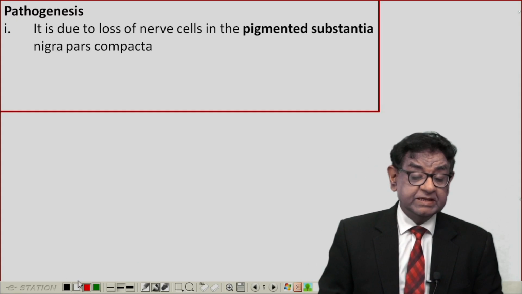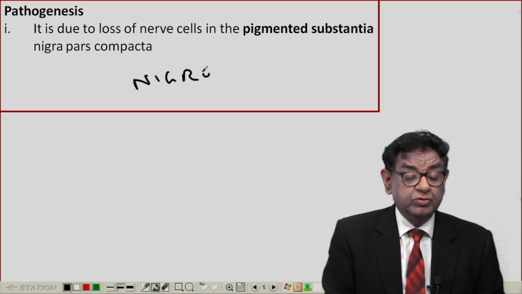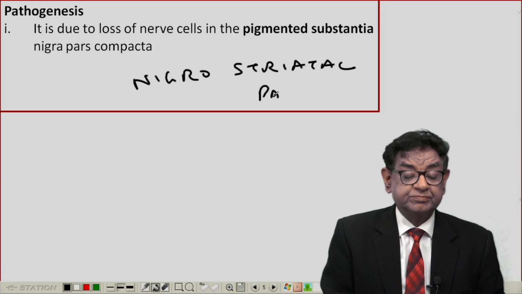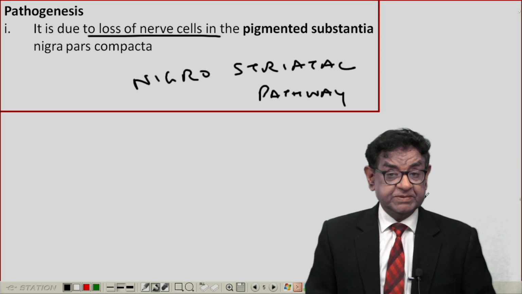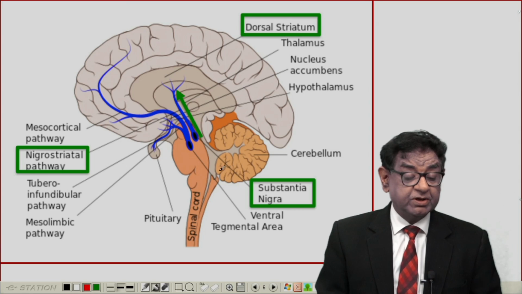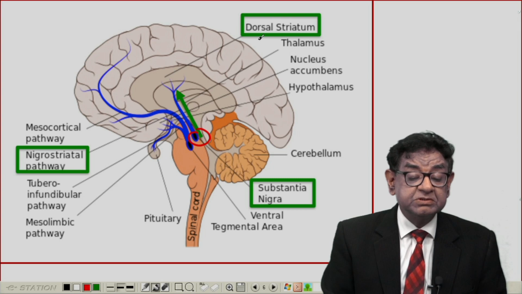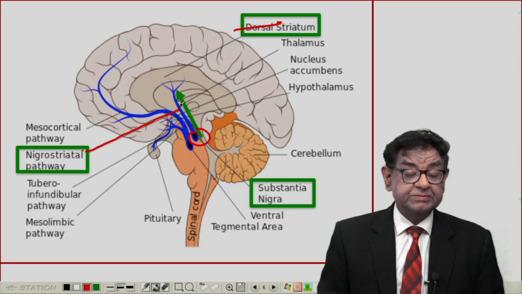Because in this case, classically, there is involvement of the nigrostriatal pathway, and that leads to loss of nerve cells in the substantia nigra. This is the classical picture of the substantia nigra, this is the corpus striatum, and this is the nigrostriatal pathway, which is primarily involved in these cases.